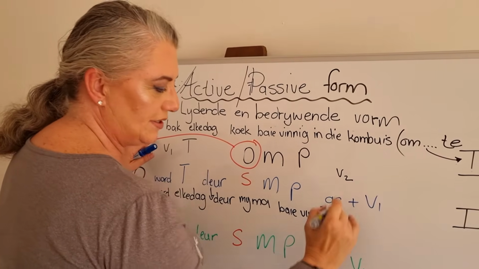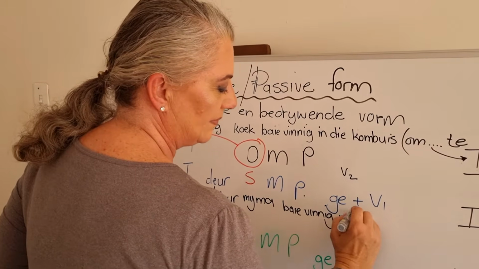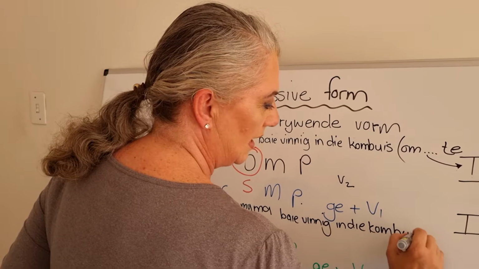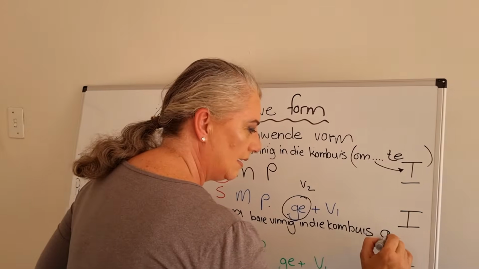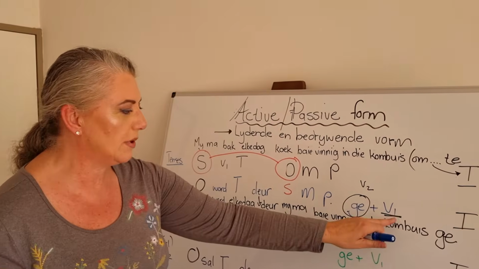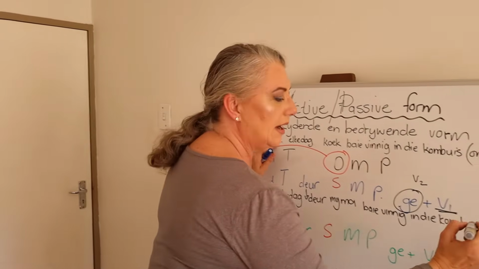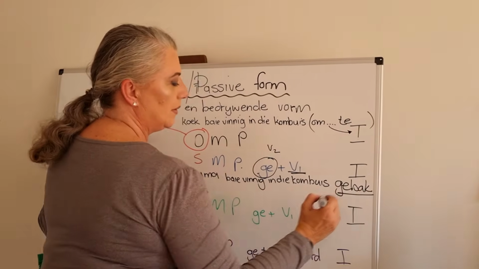In die kombuis is the place. Then we add ge and verb 1. What is my verb 1? Remember, it is the very next word. Gebak. There we go.